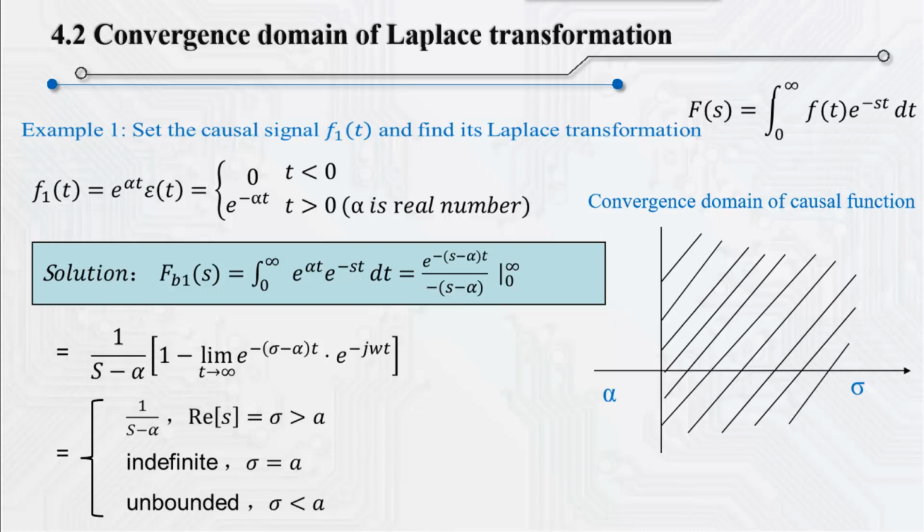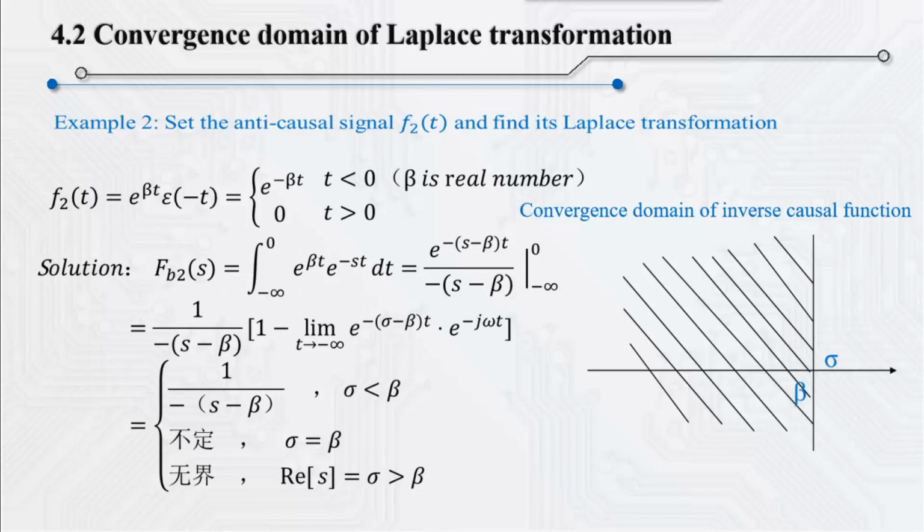When delta is less than alpha, the exponential tends to infinity, and e to the power of negative j omega t is of finite value, so F(s) does not converge. So F(s) exists only if delta is greater than alpha. The convergence domain of the Laplace transformation of the causal signal f1(t) is delta greater than alpha.